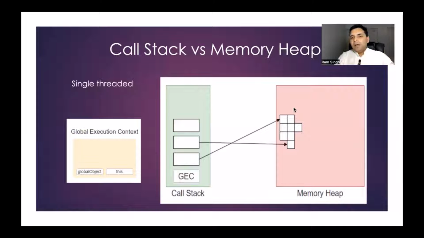In the memory heap, all these blocks represent memory blocks. It is not mandated for them to be contiguous; some blocks may be distributed here and there. I am also going to talk about garbage collection.